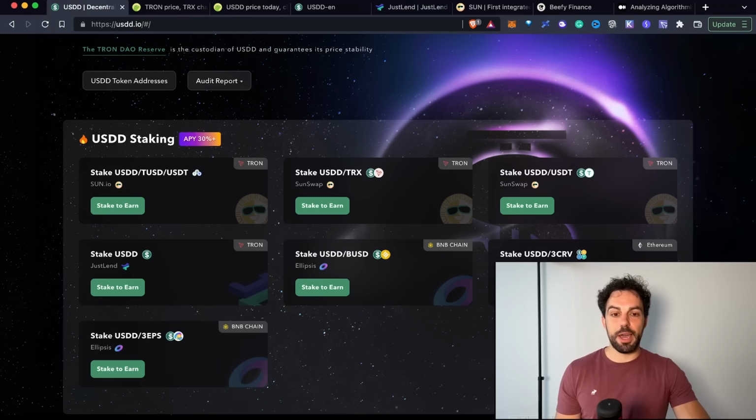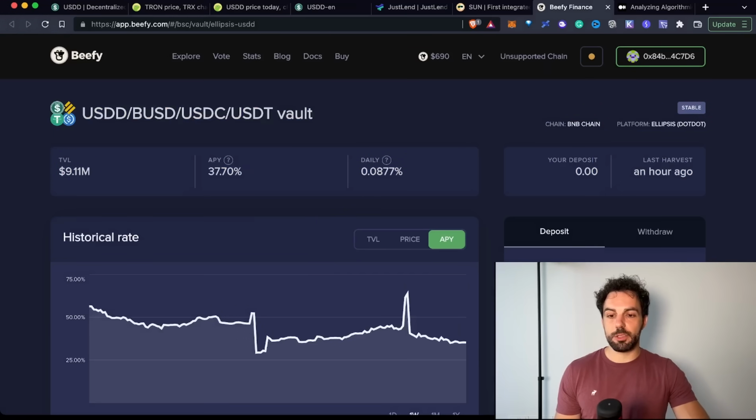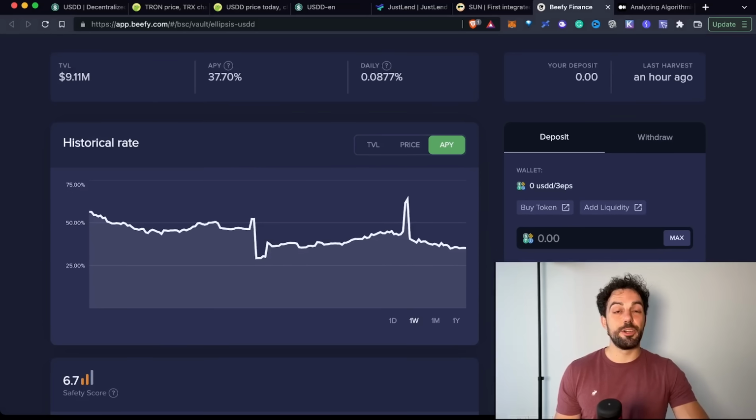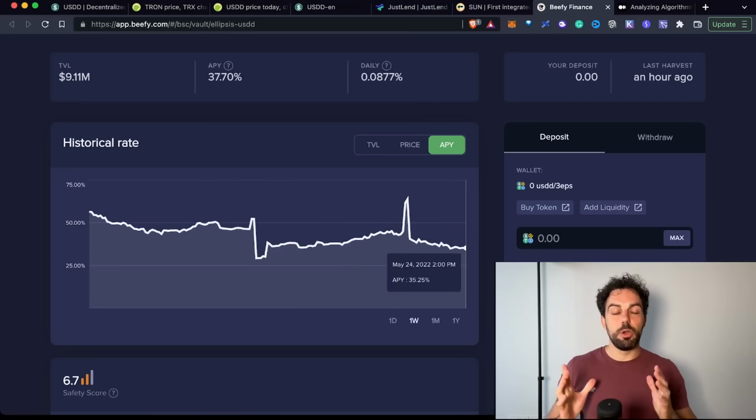Just to give you an idea of how high the APY could be, check here on Beefy Finance, and you will see that right now we have an APY of 37%. And if you check the historical rate, you will see that we were around 50% APY, and after that it went down to around 30, and after that again to around 37-40%. So we are literally talking about a really high APY for a stablecoin.